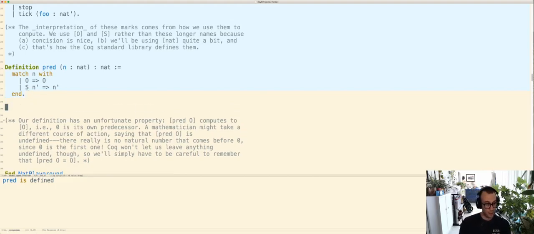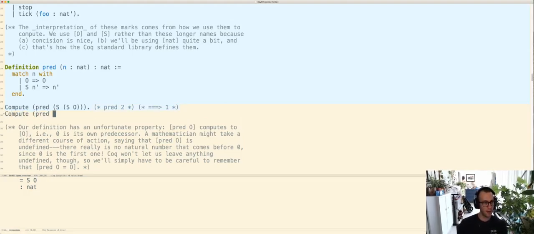So if we ran compute pred S of O, we'll get S of O. Think about it: this S of O, two successors, is really pred 2, and what we're getting back out as the answer is 1. That makes sense. What about pred O? Well, it just says 0. So it's saying the predecessor of 0 is 0.